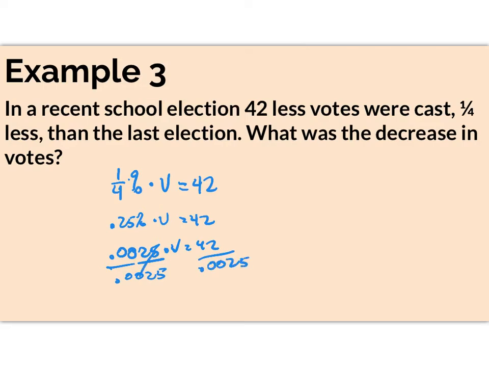You're left with 1V. V equals 16,800. And that was our amount of votes. So that's our final example. I will see you at the end of the video for the recap.